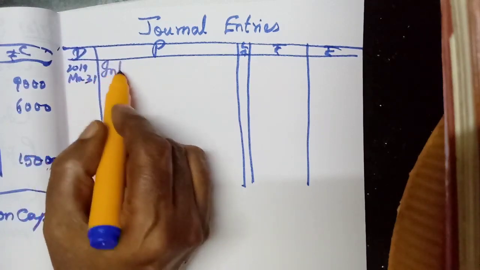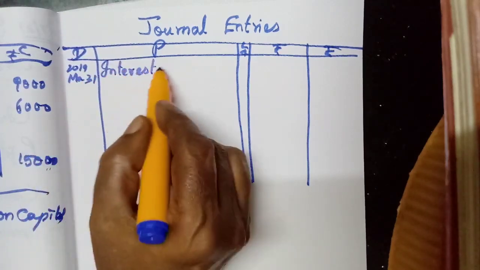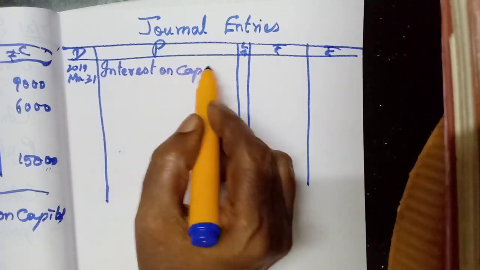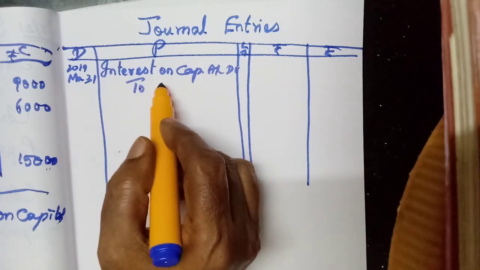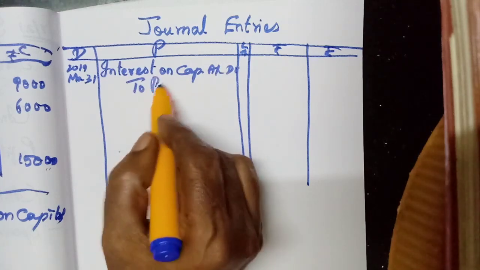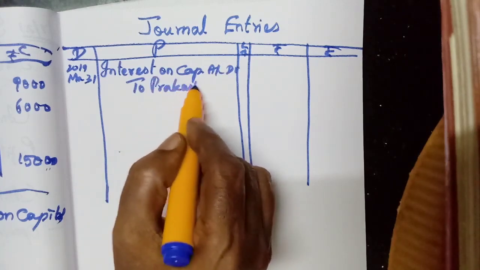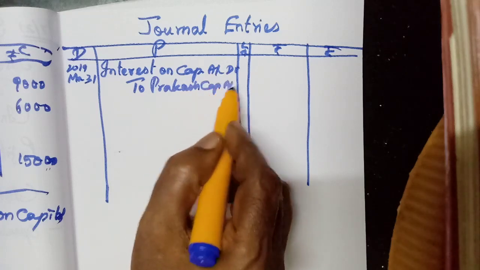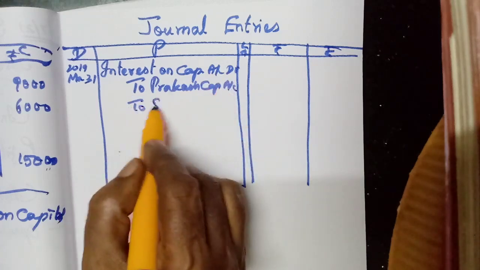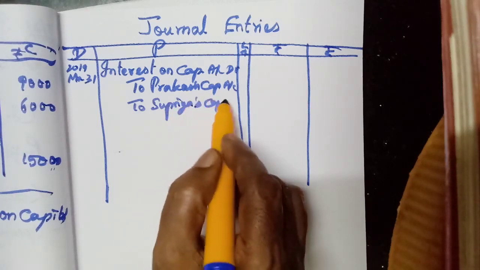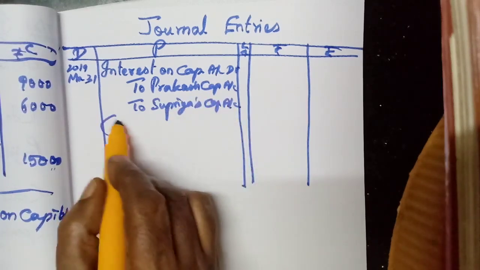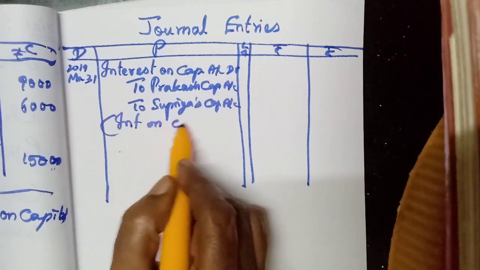Interest on capital account debtor to partners' capital accounts: Prakash's capital account, Supriya's capital account. Interest on capital provided.